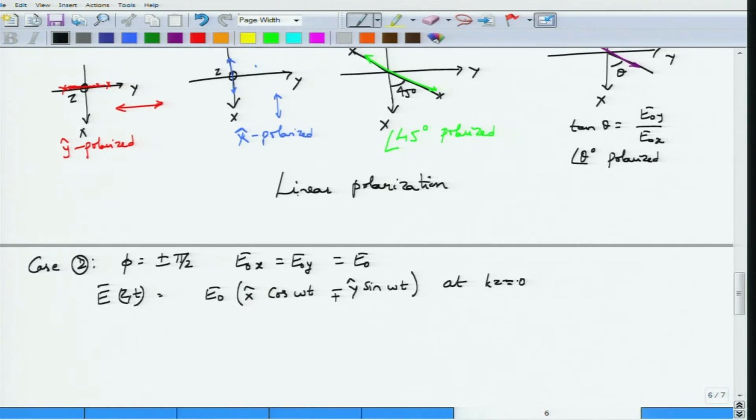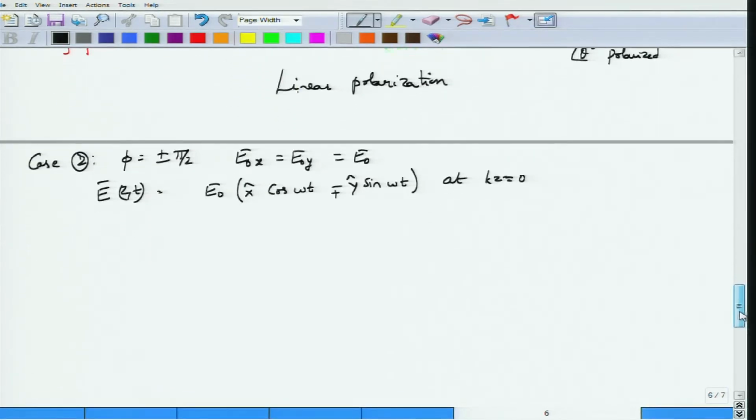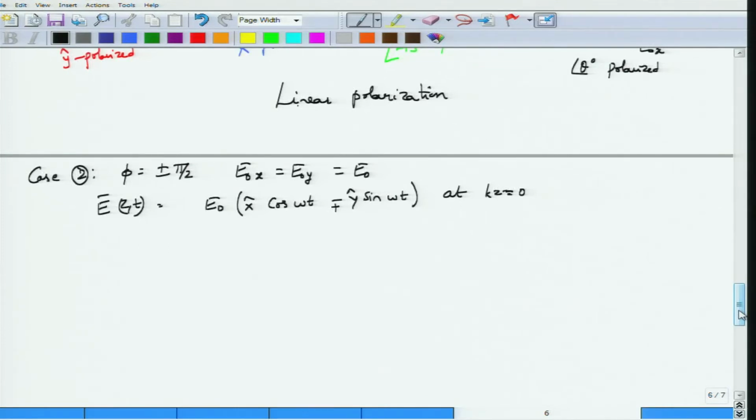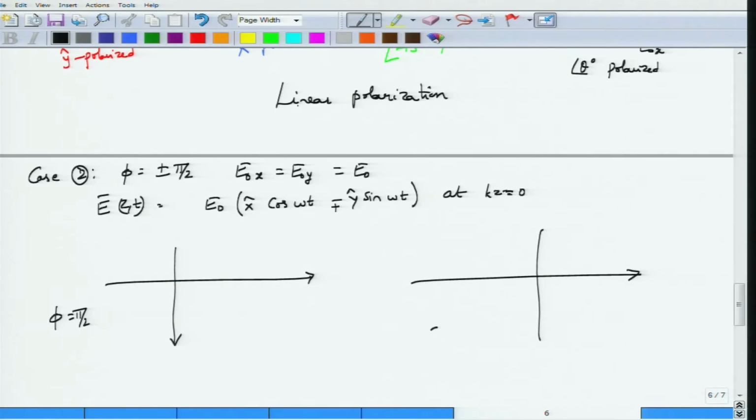So what will be the direction of the tip of the electric field vector in this particular case? It would be easier to consider plus pi by 2 once and minus pi by 2 once. We consider phi equal to pi by 2 in this diagram, and phi equal to minus pi by 2 in this diagram.